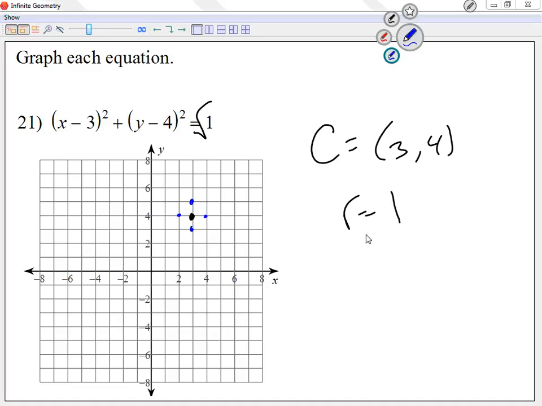So if the radius would have been 3, I would have gone 3 up, 3 down, 3 to each side. The reason I did those 4 dots is because it's easy for me to connect my dots, and I have an idea where the circle goes. So I'm going to say my circle looks something like that. If we're a little bit off, I'll be okay with it. If you guys laugh at my circle, don't worry, I get your paper later. So we'll be okay.